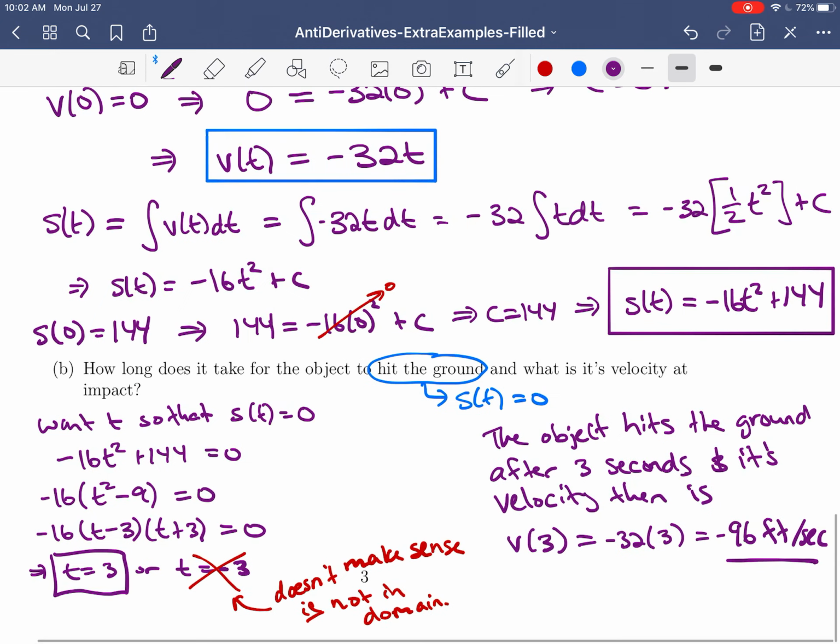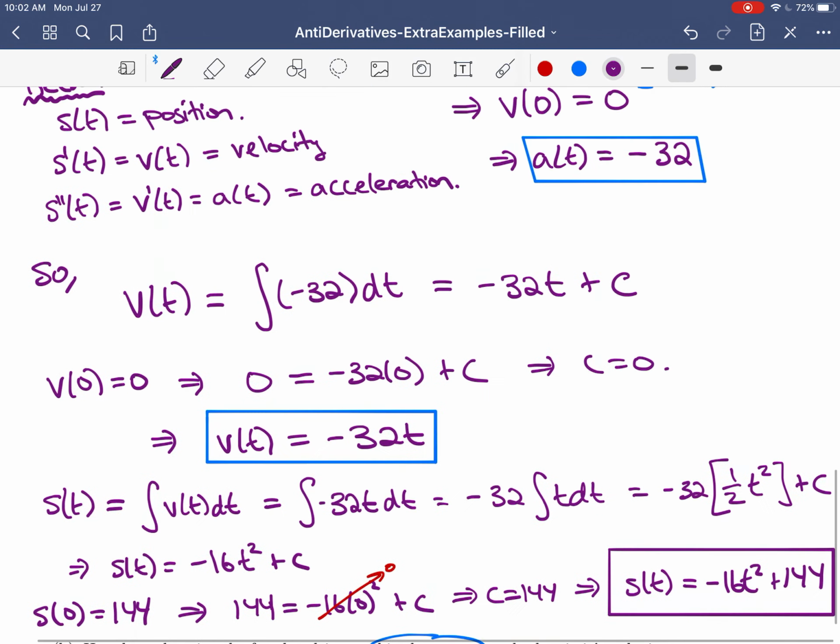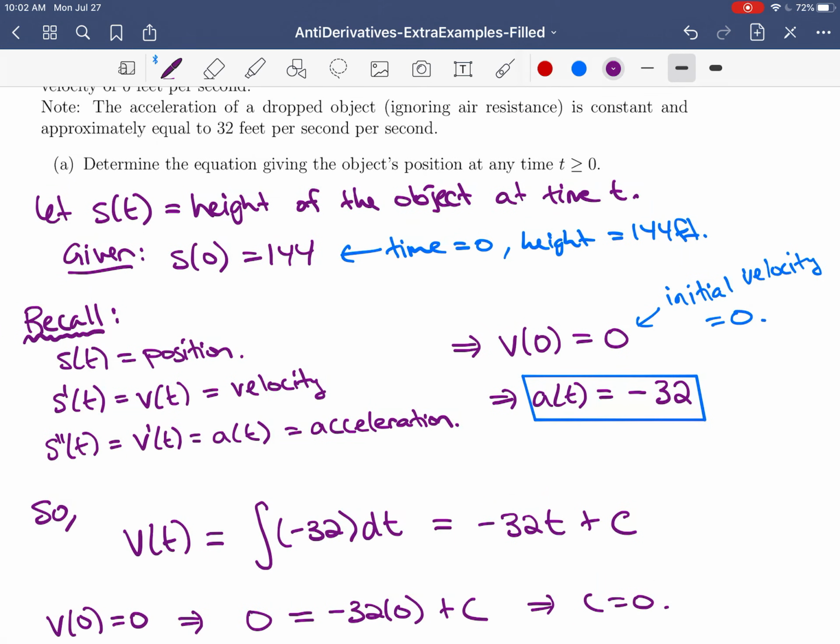So that was some examples using indefinite integrals and also initial value problems. Here we knew some sort of initial conditions. This is the initial height, and we also knew the initial velocity.